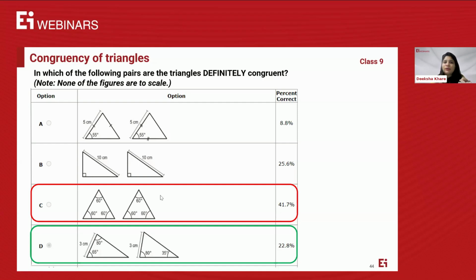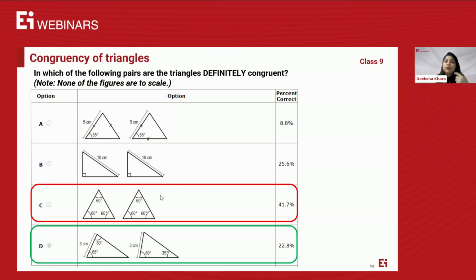Similarly, if you see option B, 25.6% students think that all right angle triangles are congruent, or maybe they have seen that the hypotenuse of both the right angle triangles is the same, 10 centimeter. So they think that both of them are congruent.